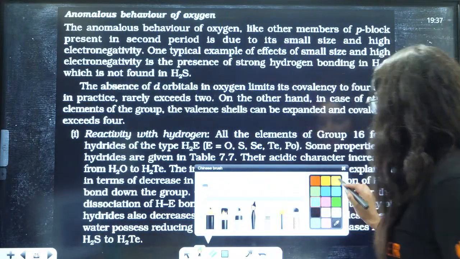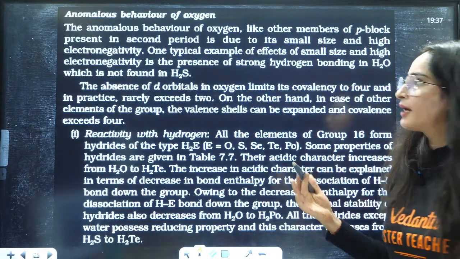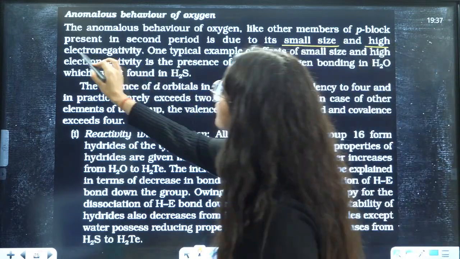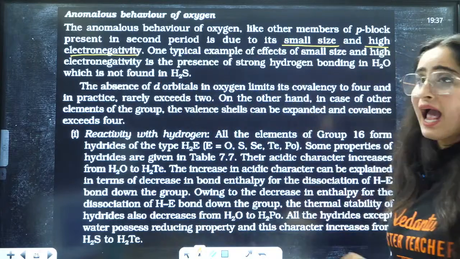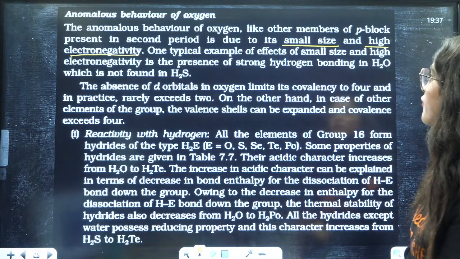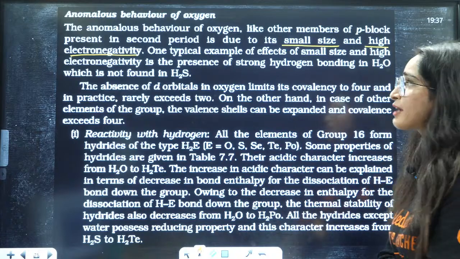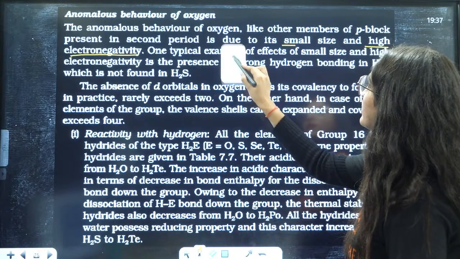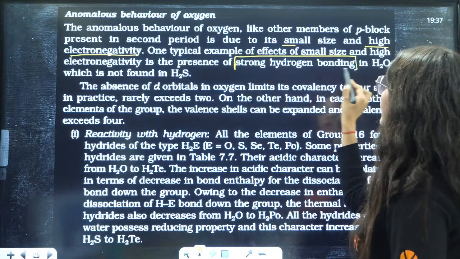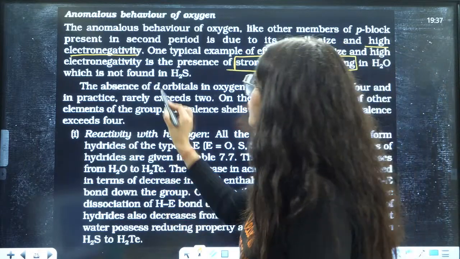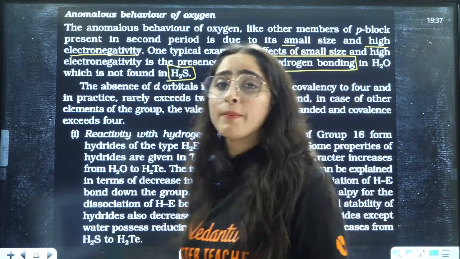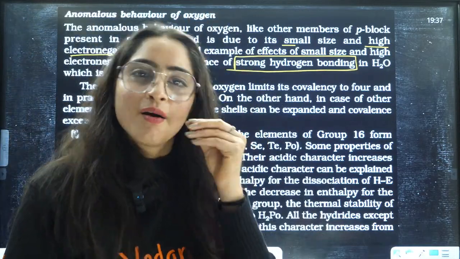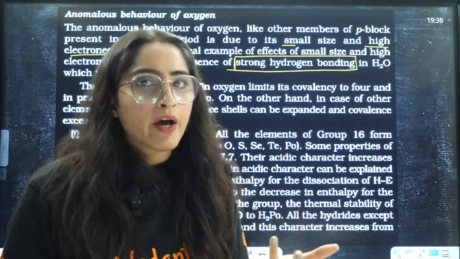Why this anomalous behavior? Same thing, it is due to its small size, high electronegativity, right? And one typical example of effects of small size and high electronegativity is the presence of strong hydrogen bonding, right? Now water has a very strong hydrogen bonding which is not found in H2S, because oxygen is more highly electronegative. Smaller the size, more will be the electronegativity, that we have already seen.